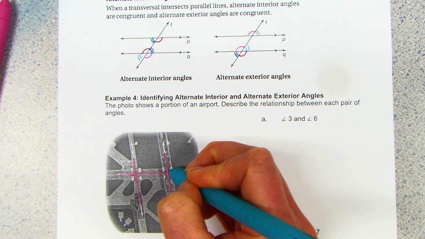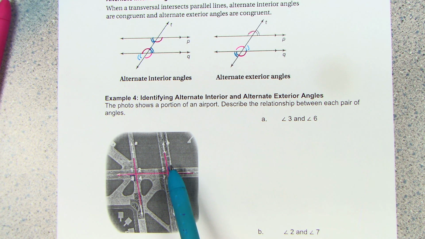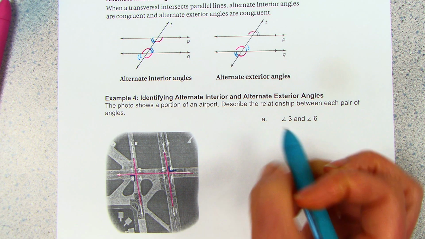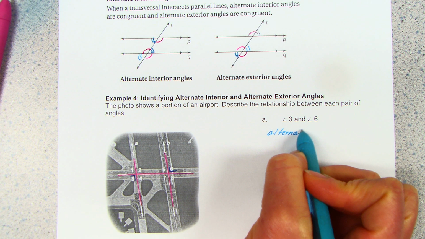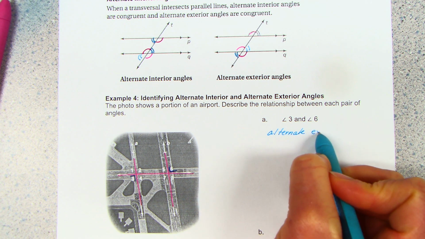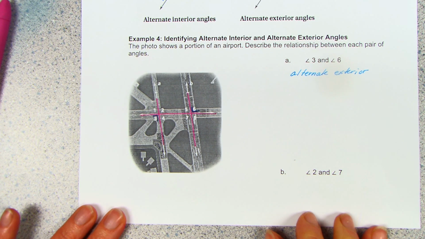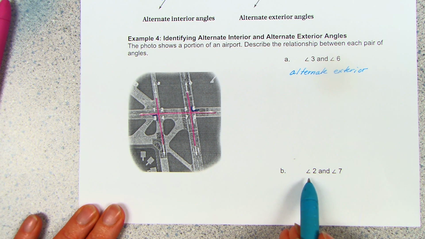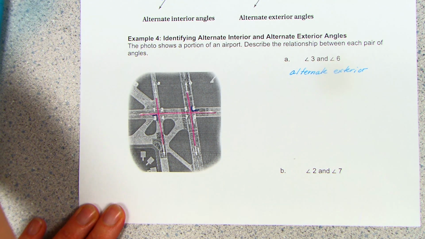Then angle 6 here and angle 3, they're on the outside of the parallel lines, so they're exterior, and they are opposite or alternate exterior.